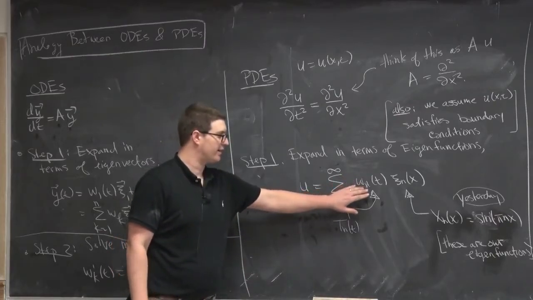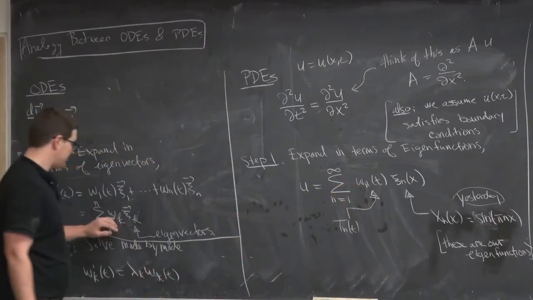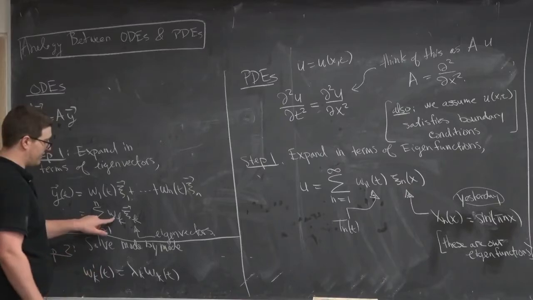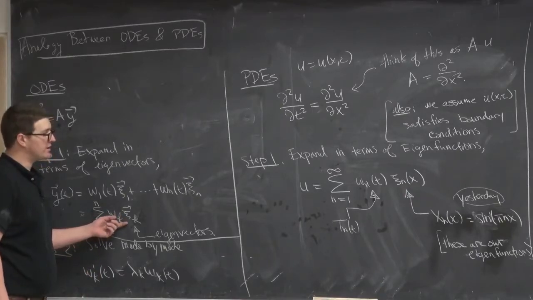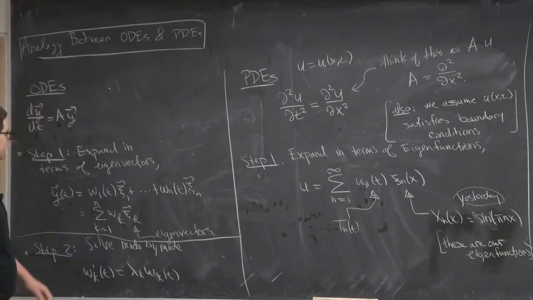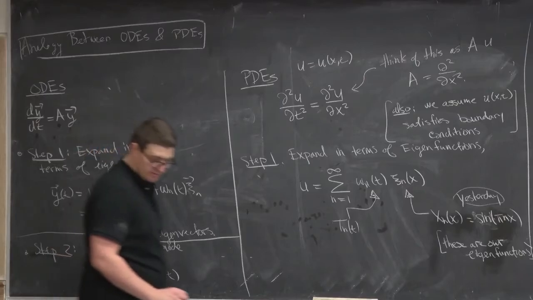Now we're expanding, and these things play the role of these things. These depend on time. Again, we're just expanding in terms of eigenfunctions instead of eigenvectors, and that decouples the equation, right?